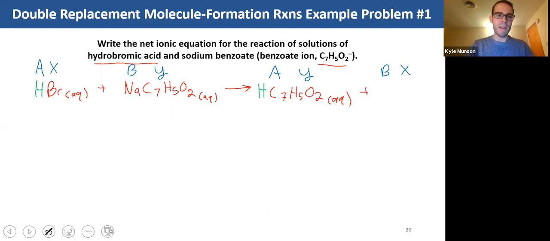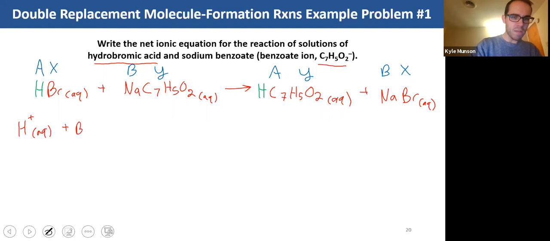Maybe it is technically right, I don't know. So this is going to be sodium bromide. This is also aqueous if you look on the solubility charts. Now we're going to write the total ionic equation. Everything that's aqueous is going to break apart, almost. We'll talk about that in a second.